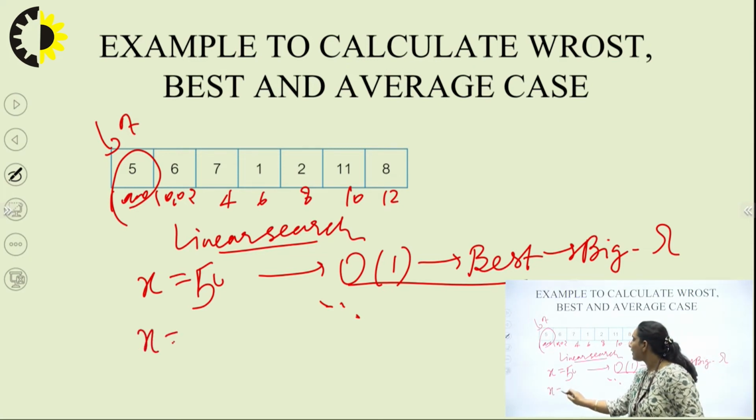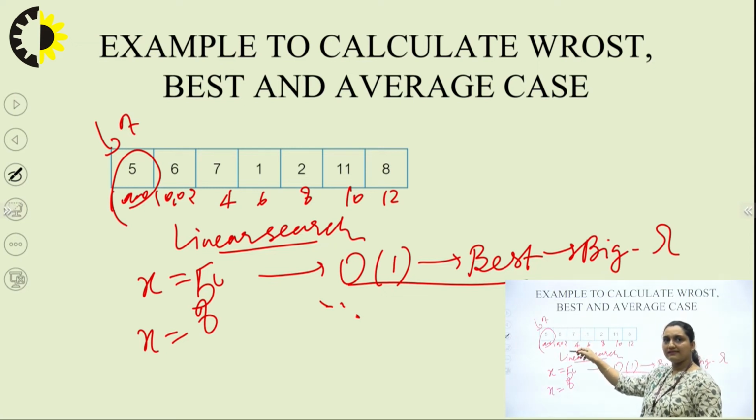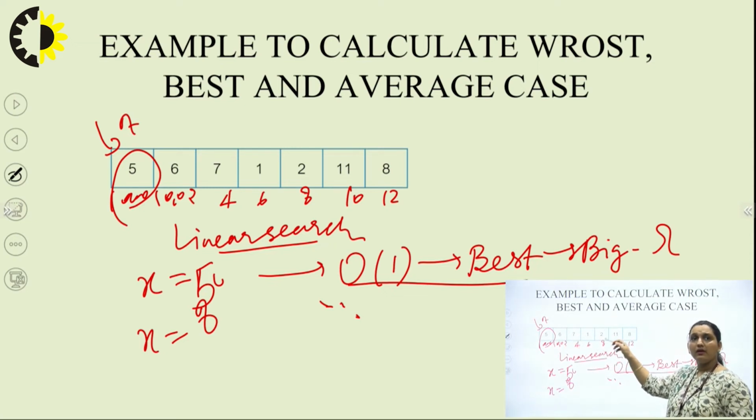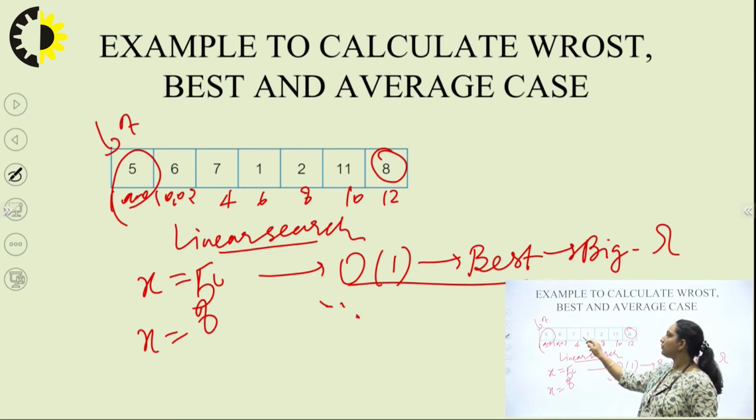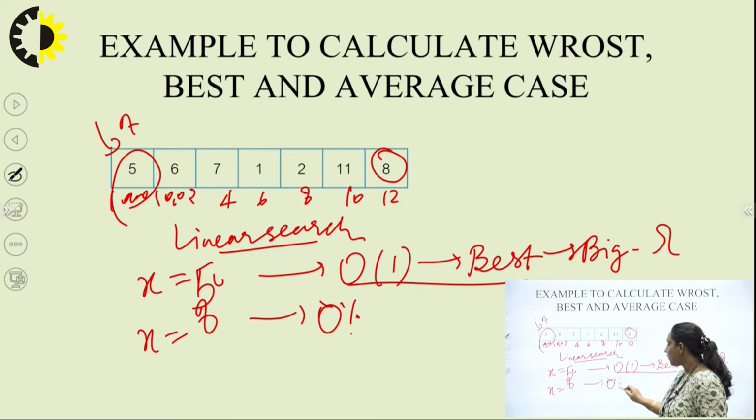For example, if x equals 8, I have to check whether this element is present in my array. I go through 5, then 6, 7, 11, 7, 1, 2, 11, and then 8. We have to check every number. If we have 7 numbers, we check 7 numbers; if we have n numbers, we check n times. This is order of n time.